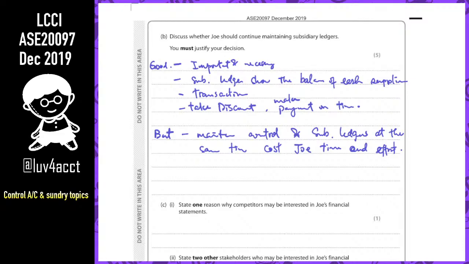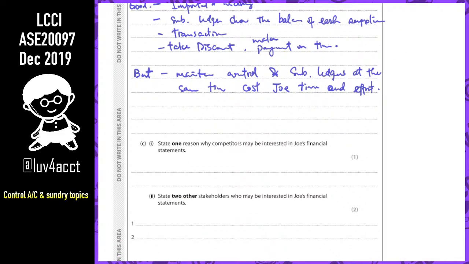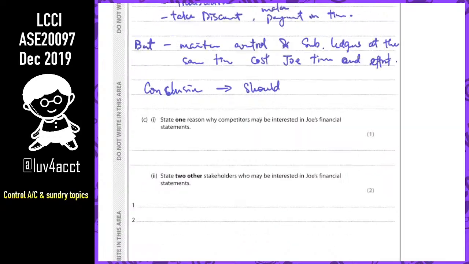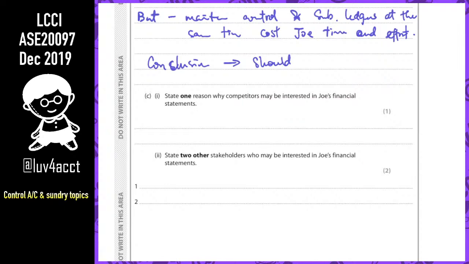But then my advice is, of course, a conclusion, of course, he should. The benefits outweigh the disadvantages. So next one, about stakeholders.